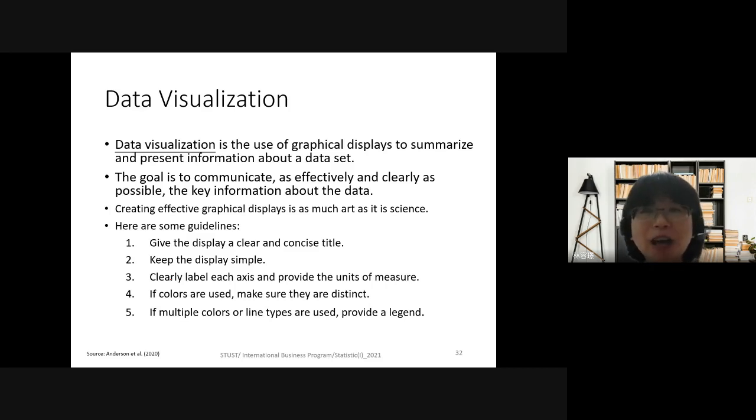Because you have to know people's preferences, and the information you give is like a stimulation to them.